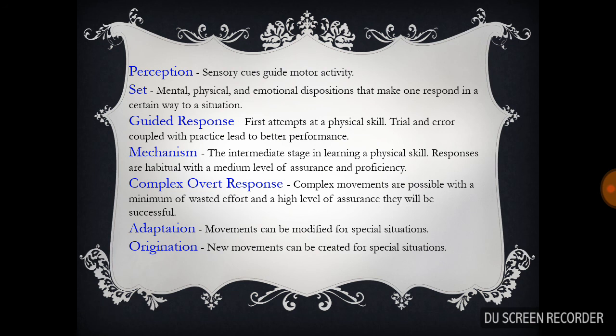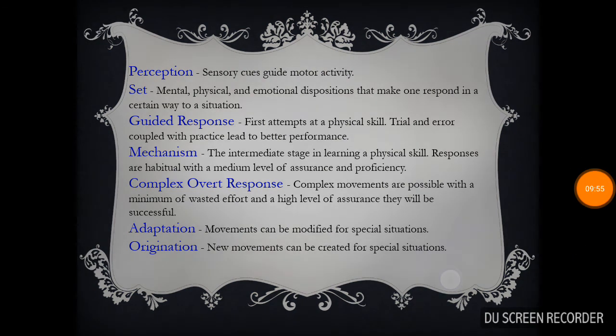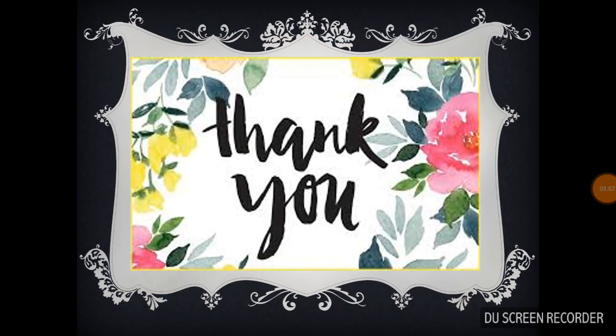He becomes fully aware of the steps of the performance, so that he can himself modify certain steps. Then the last is origination. In this level, the person can create new movement patterns of a particular performance. Thank you.